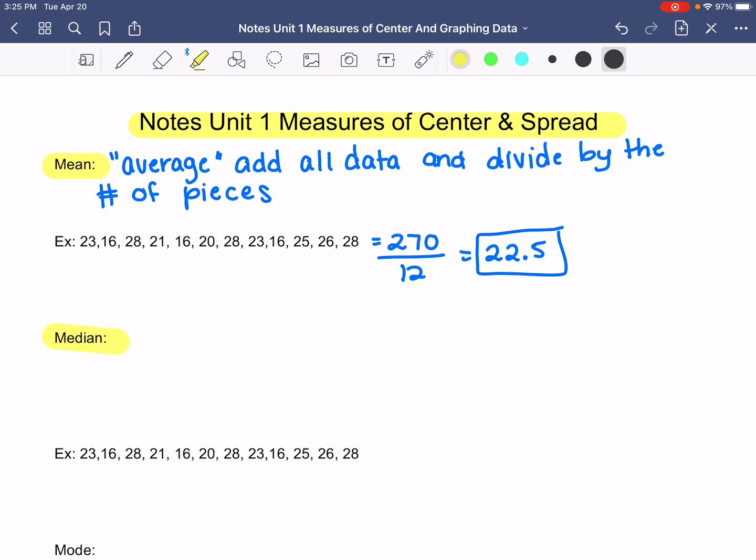The other measure of center, there's three of them, but the other one that we use most is the median, and that one will be the middle. That's how I remember the median is the middle. You just put all your data in order and find the middle number.